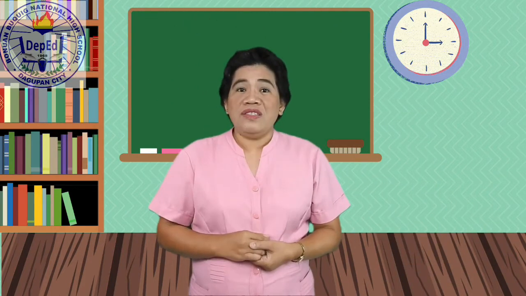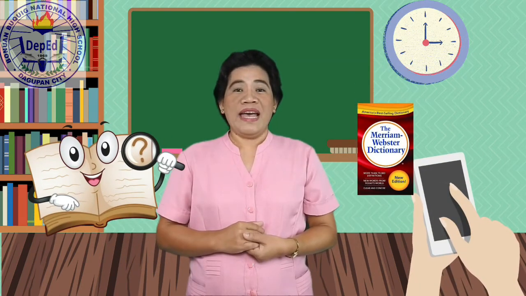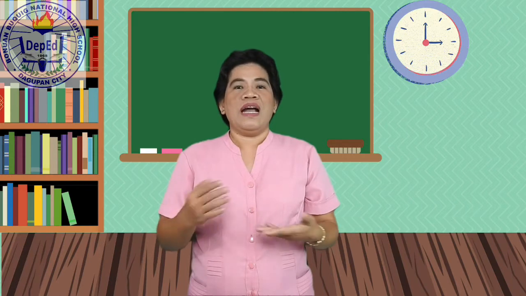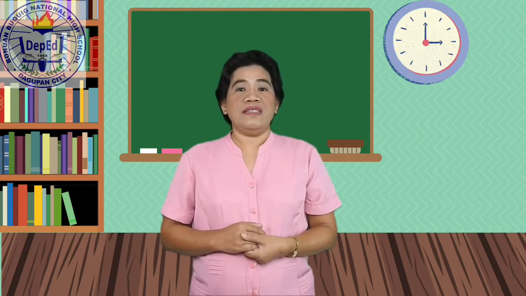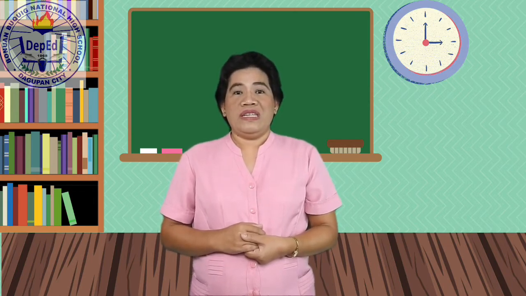But what if you can't seem to find those references? So class, for today's session, I'll show you how to use context clues to unlock or reveal the definition of an unfamiliar term without using a dictionary.